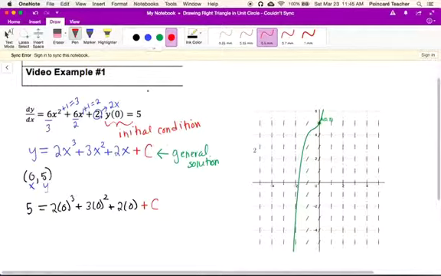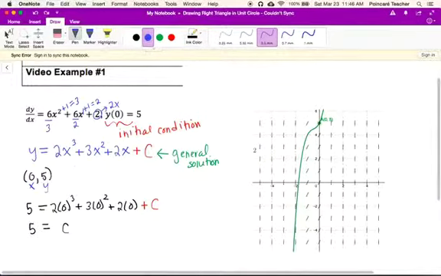I'm going to simplify this to find a specific c value. All these terms become 0, so 5 equals c. That tells us that my c value is 5 when the initial condition is (0, 5).